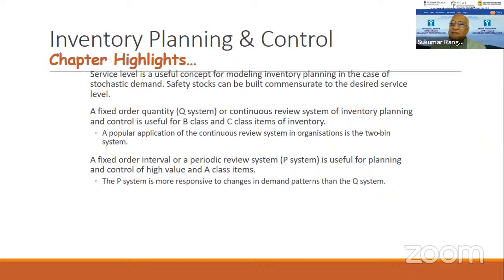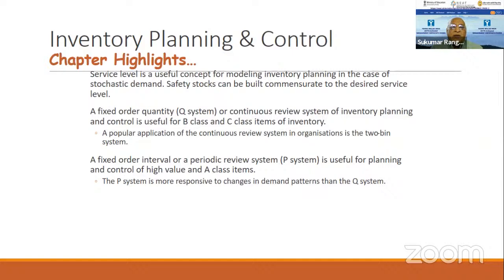Of course, the usage time is about 2 weeks, but within that week I buy. Then it makes sure that I don't get a stock out at any given point of time. Many housewives follow these very simple two-bin systems, and that's a very easy way to handle inventory.